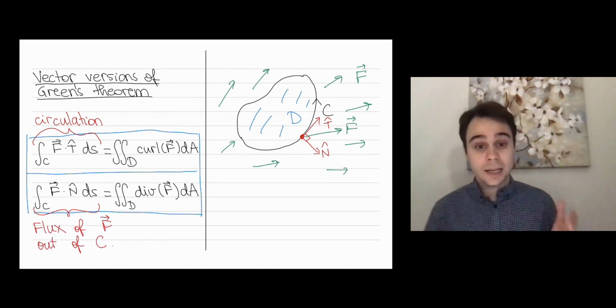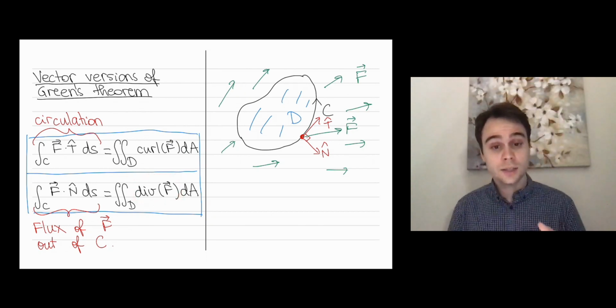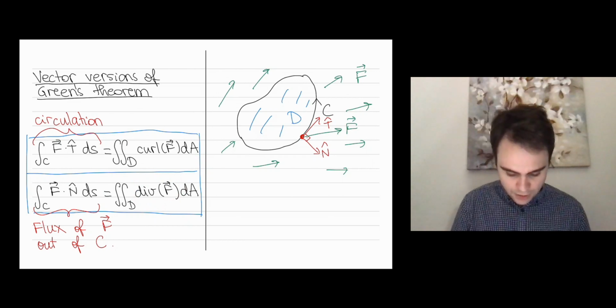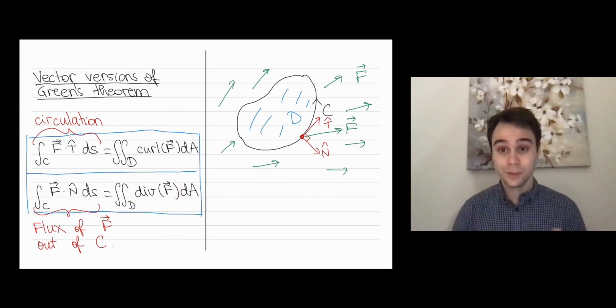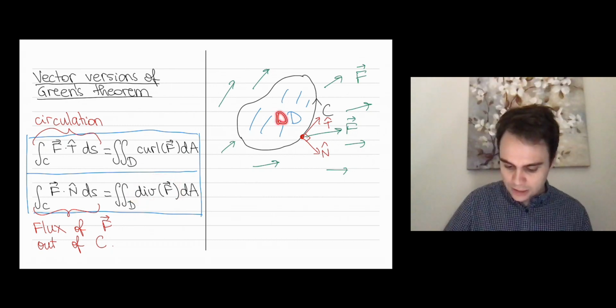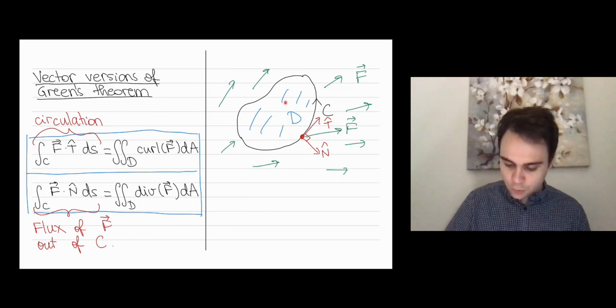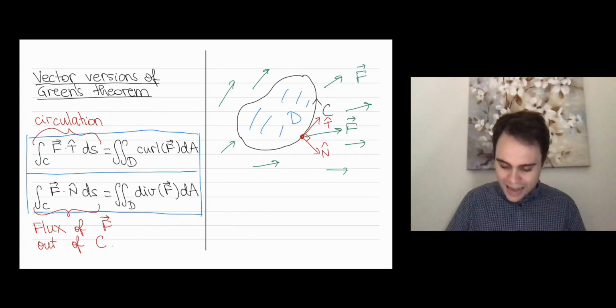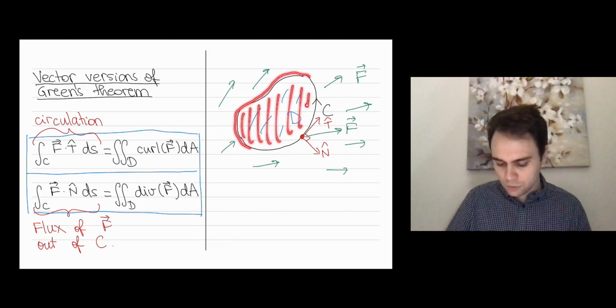And it's not surprising, I think, that the flux can also be computed in terms of divergence. After all, divergence tells me how much the fluid is expanding at each point in this region D. And if I know how much it's expanding at each point, the sum of the expansions inside the whole region should match, by conservation of matter, the flux of fluid out of the region.